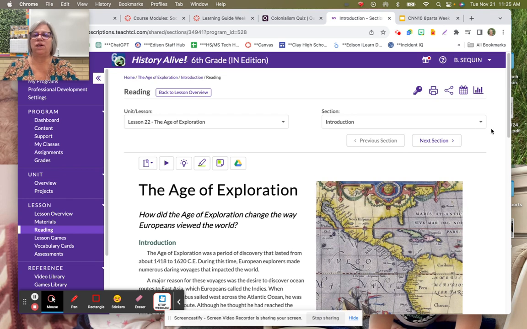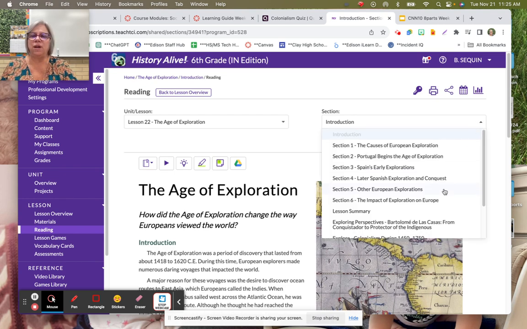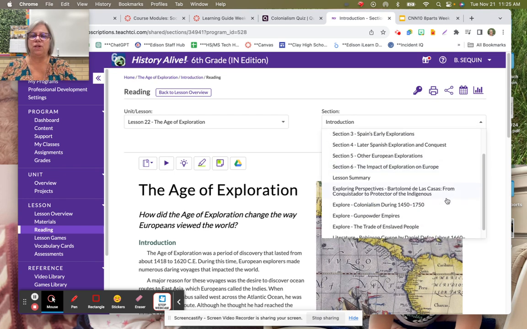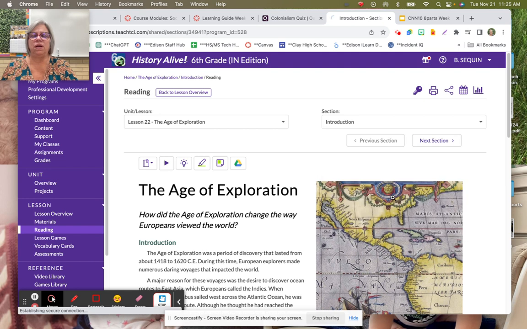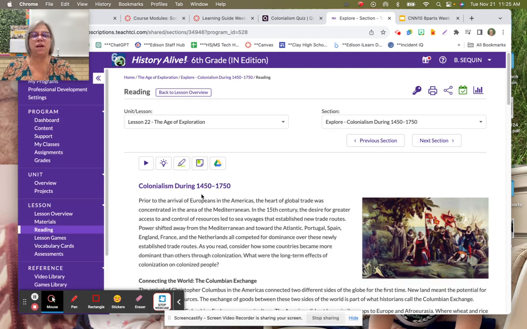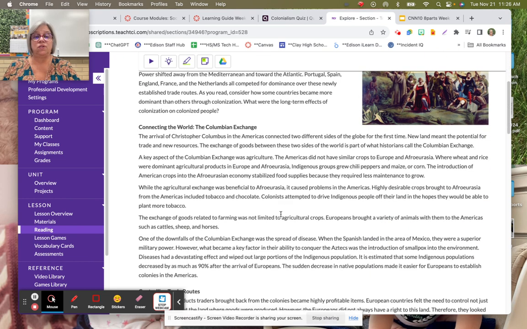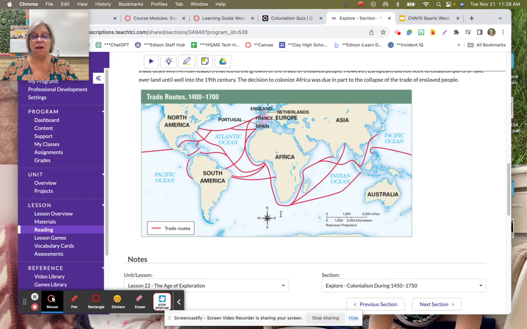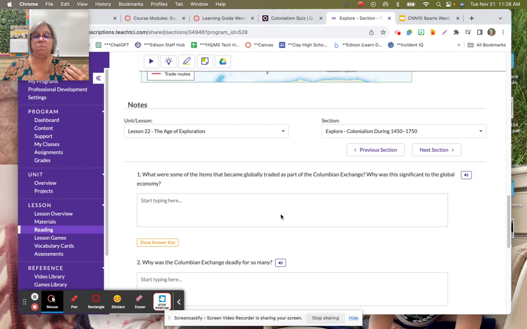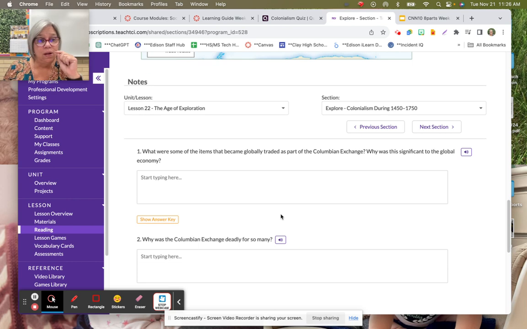Okay, let's take a look at what you are going to read and do now on your own. You are going to do the explorers. You're going to read about colonialism, again, from 1450 to 1750. So this is a period of 300 years. Read this. Remember, you can have it read to you, and then be sure to answer the questions. Now, look at these questions carefully.